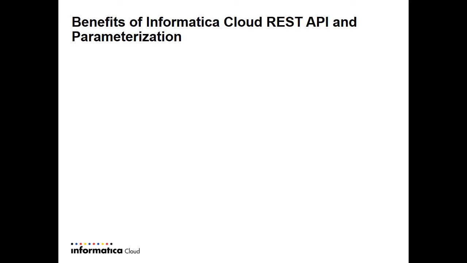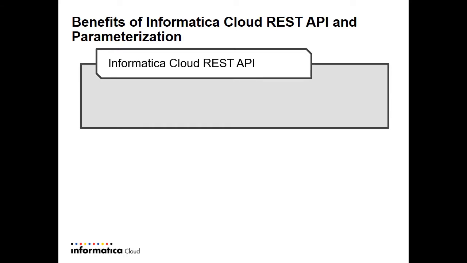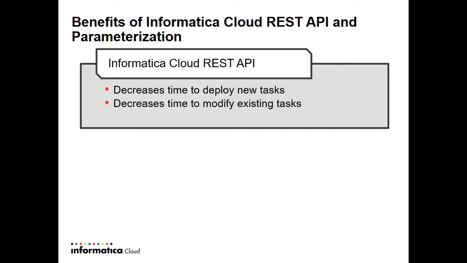Now let us define the benefits of using the Informatica Cloud REST API and parameterization together. The advantages of using the Informatica Cloud REST API: it decreases time to deploy a new task. It also decreases time to modify the existing tasks. And it also enables self-service via API calls.